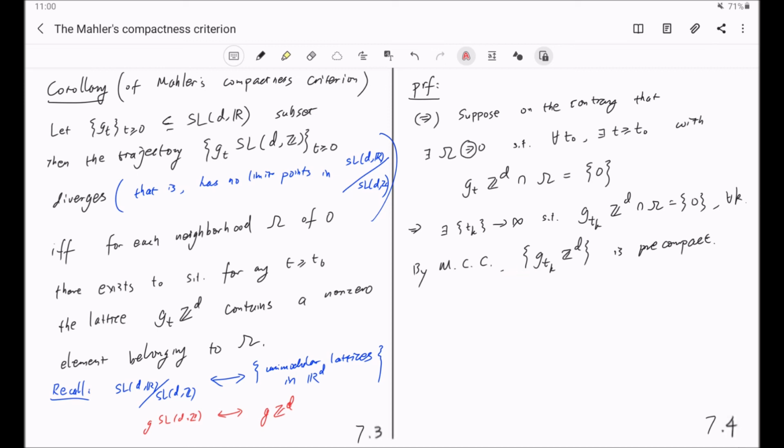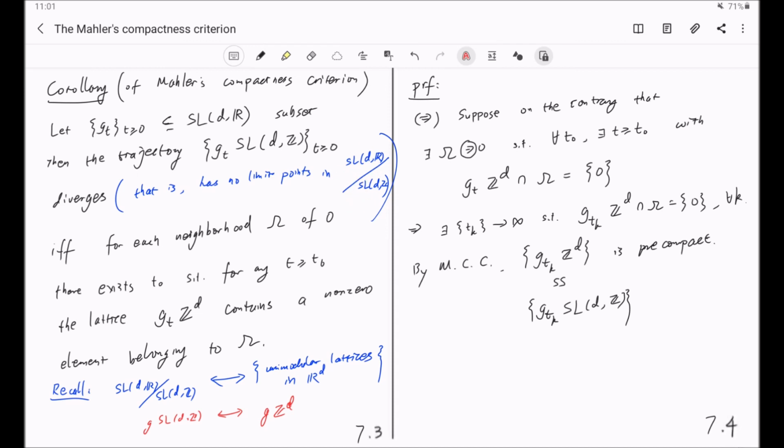Because you know that the sequence can be identified with the left cosets g_{t_k} SL_d(Z) in this homogeneous space.